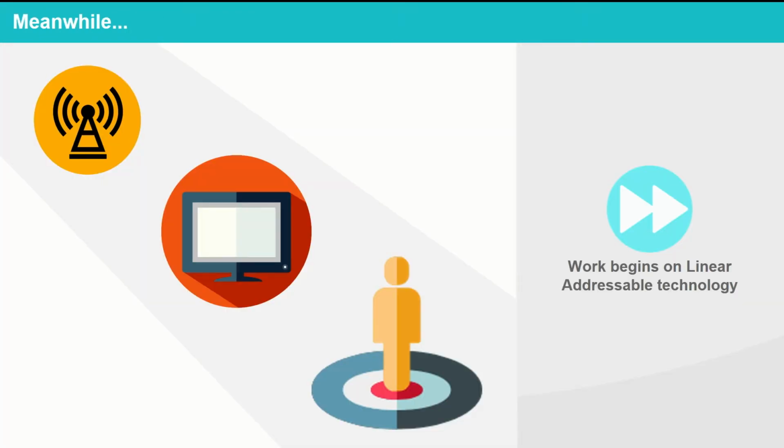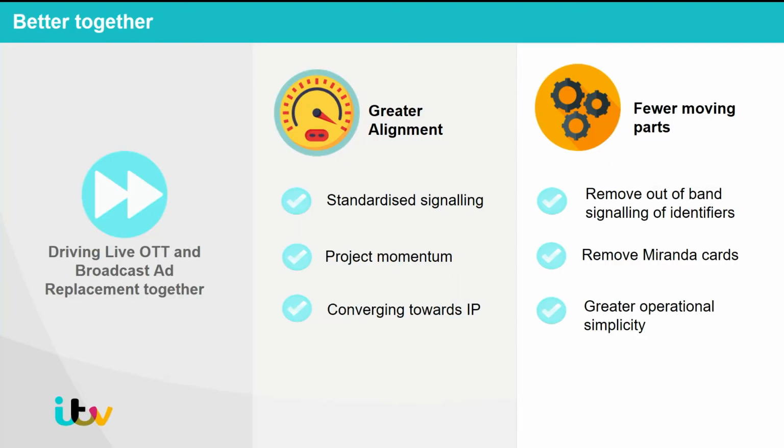So we got off thinking about that, and we're busily thinking about that. Meanwhile, the market for targeted advertising was really, really getting hot, and we started looking at broadcast linear ad replacement, so replacing broadcast adverts with IP adverts, basically. So these two things were going on at the same time. So we thought, well, actually, let's start thinking about these two things together.